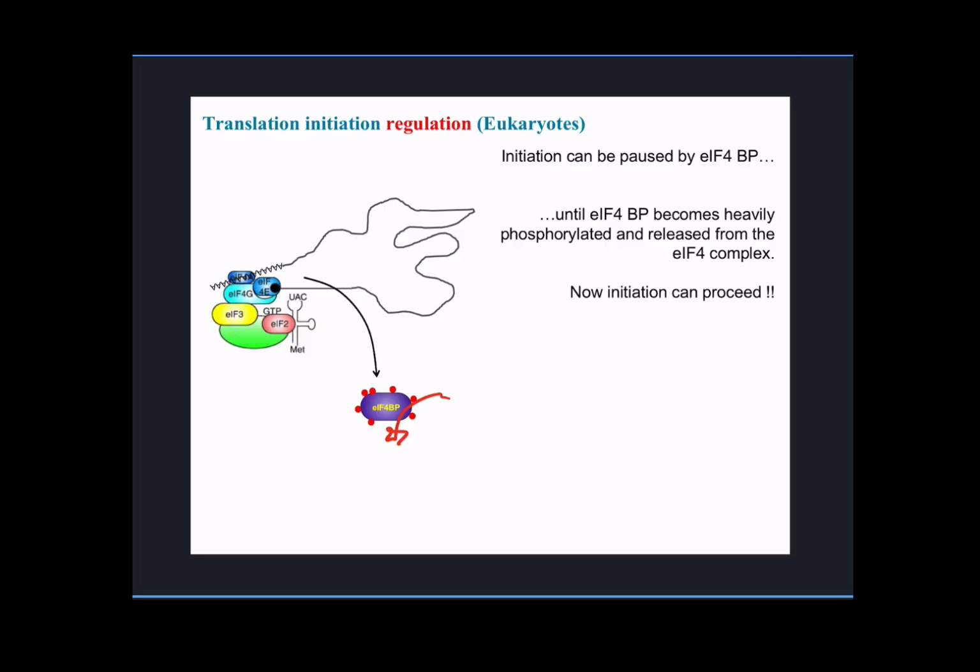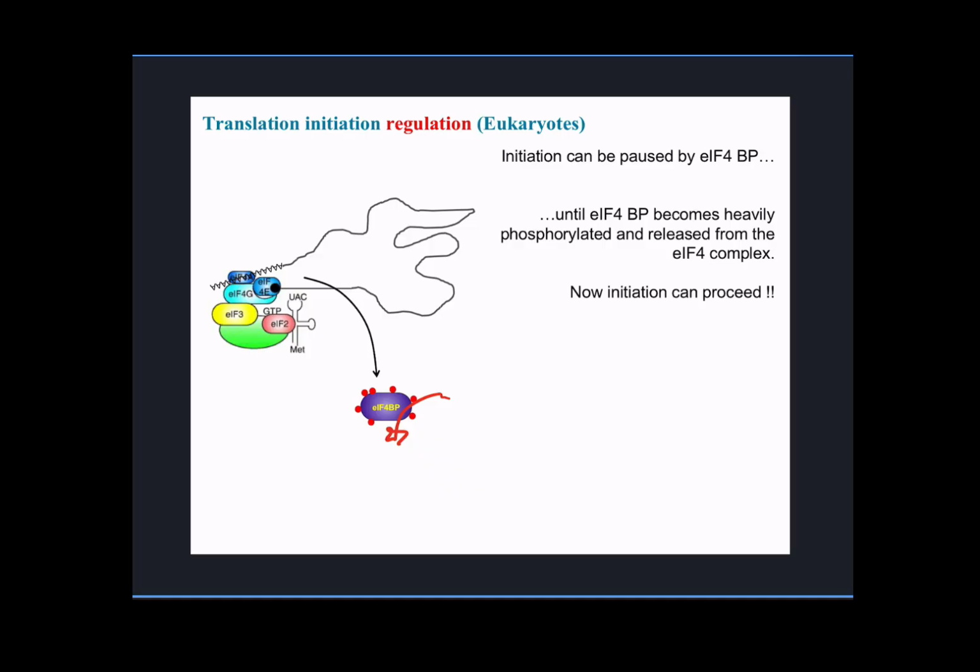Another thing is not all mRNAs are sensitive to regulation by EIF4BP. Some are not. And it all comes down to whether or not 4BP sees specific sequences in the 5' UTR of those mRNAs.